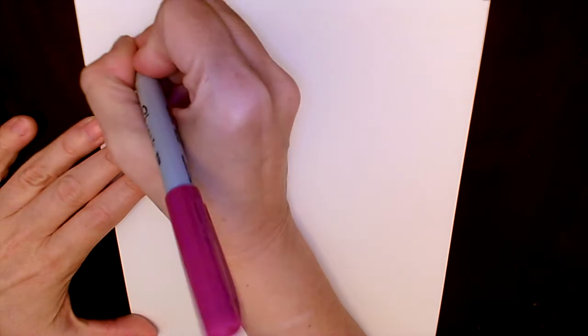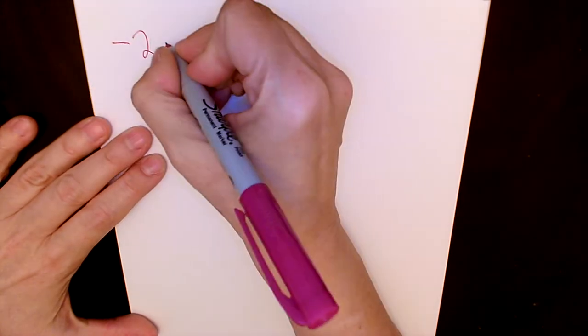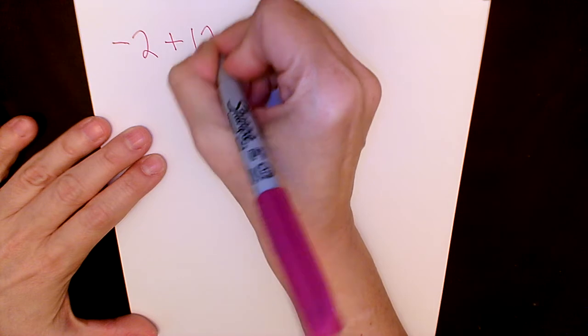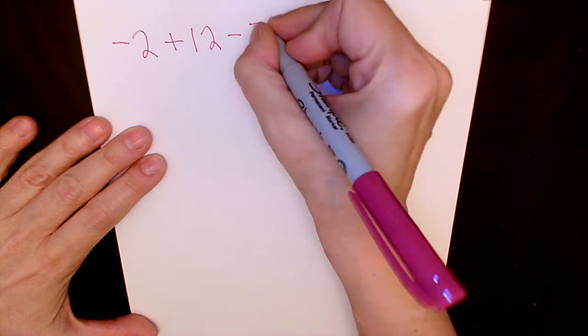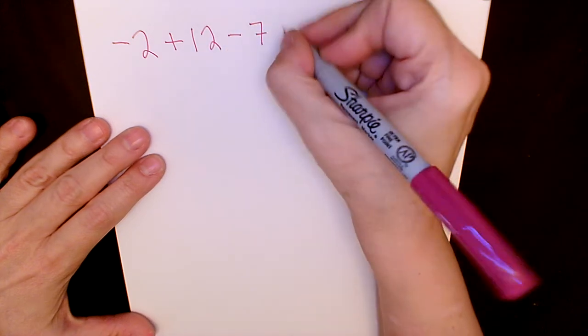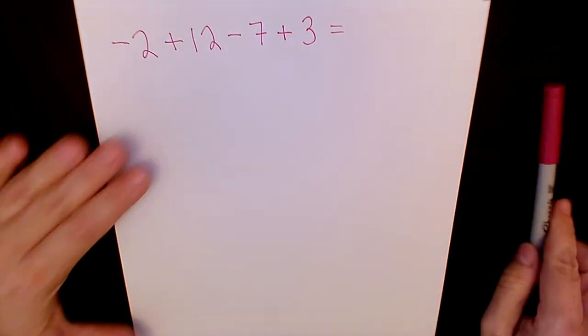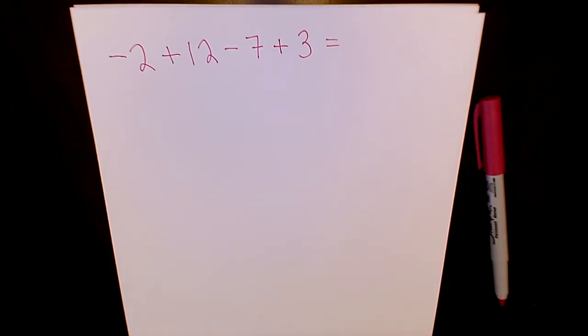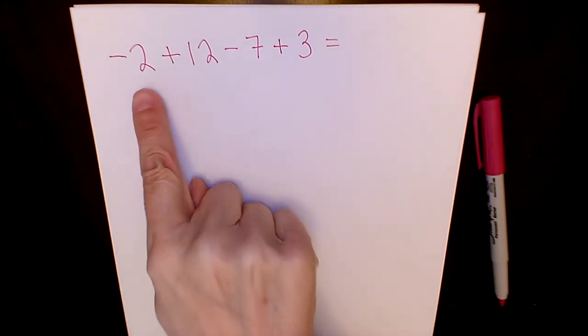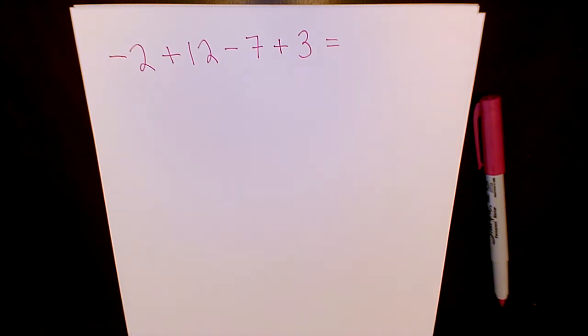So let's say I have negative 2 plus 12 minus 7 plus 3. Okay. So again, you can take it left to right. Add -2 and 12. Keep going, subtract 7. Keep going, add 3.